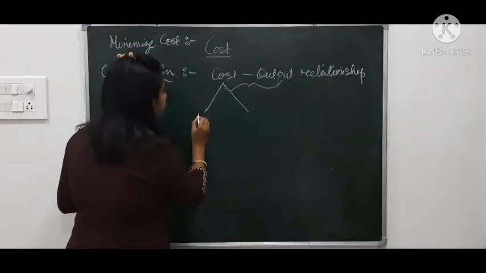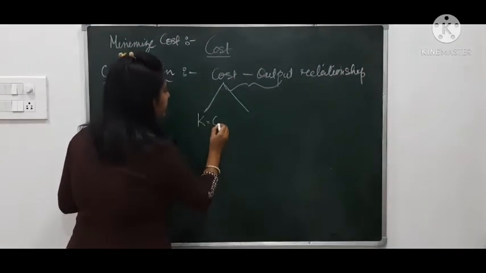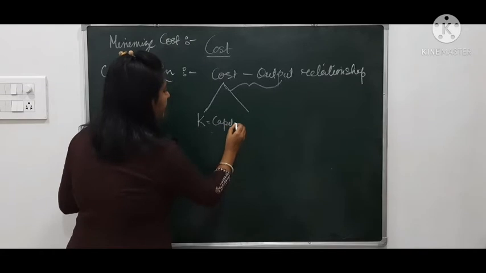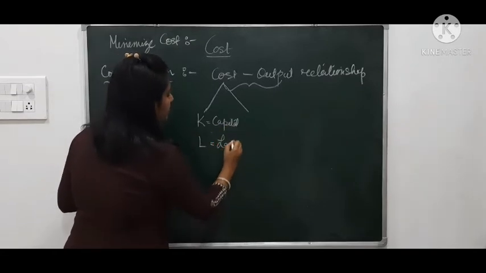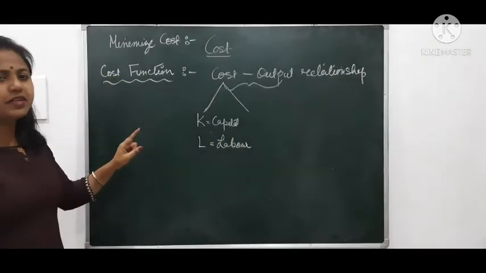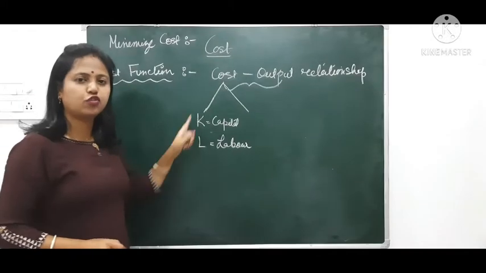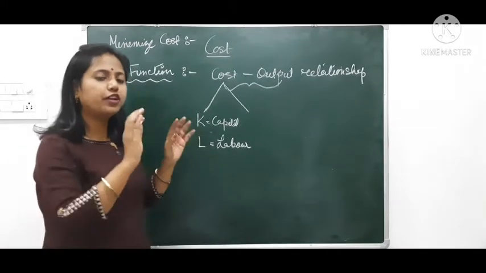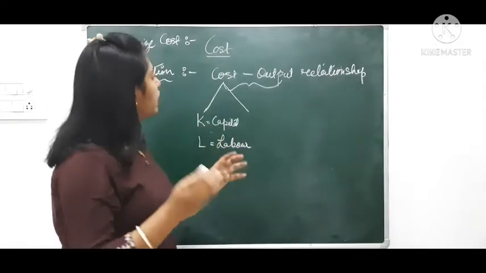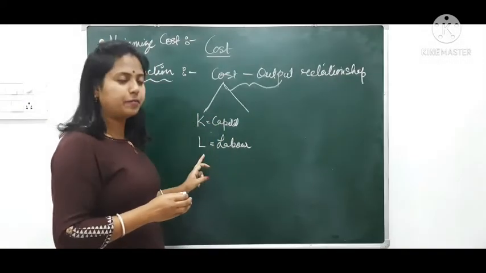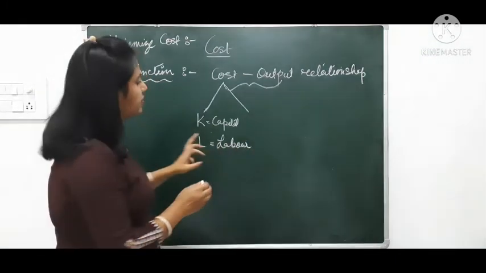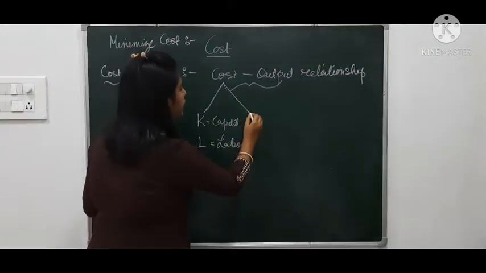One is capital, where K represents capital, and the other is labor, where L represents labor. So cost means cost of capital and cost of labor. From now onwards, we will concentrate all our attention on these two factors, capital and labor, and their price.